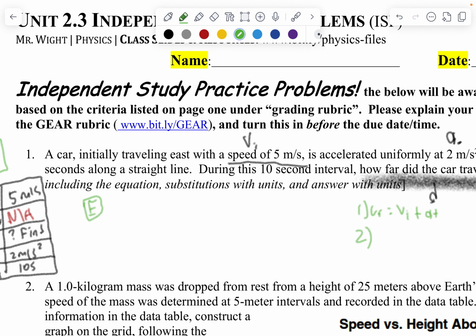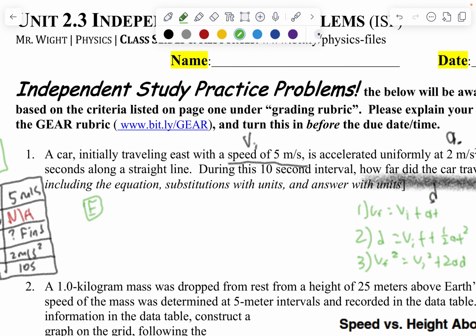Second equation we have is the displacement equals initial velocity times time plus 1/2 acceleration times time squared. And then the third equation we have is final velocity squared equals the initial velocity squared plus 2 times acceleration times displacement. So those are the 3 equations we have.